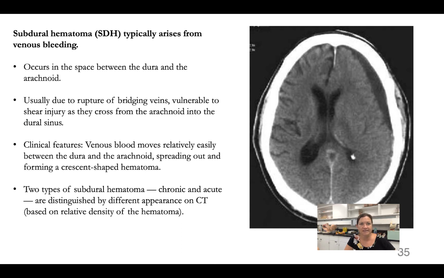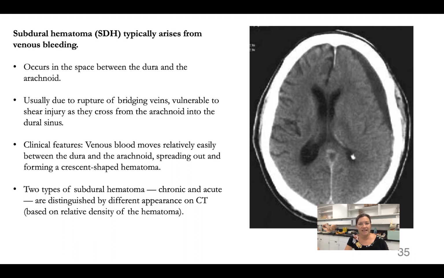Because subdural hematomas typically arise from venous bleeding, they look different on imaging, characteristically. First, they're in a different compartment. You can't necessarily see that on imaging, but they're in the space between the dura and the arachnoid, so deeper in the meningeal sandwich outside the brain. As I've said, they're usually due to bridging vein rupture.